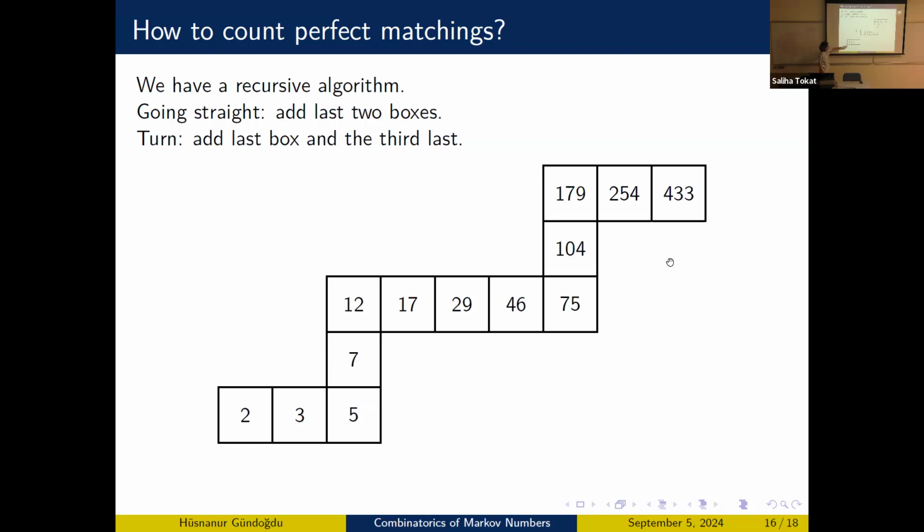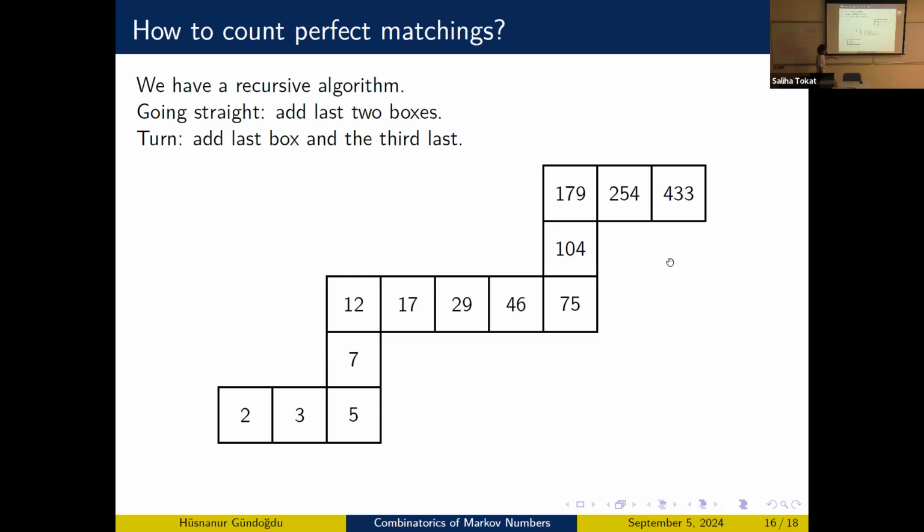For the first 2 squares, we have 3 different perfect matchings. We apply our recursive algorithm, which says if the next square is in the same row or column, we add the matching numbers of the last 2 squares.